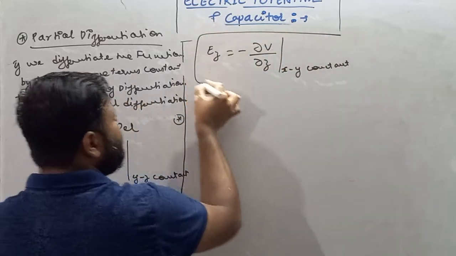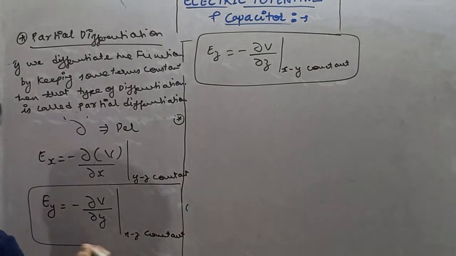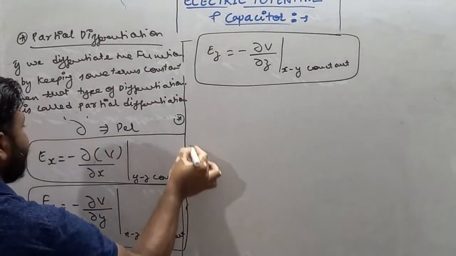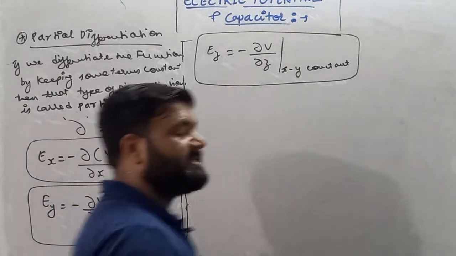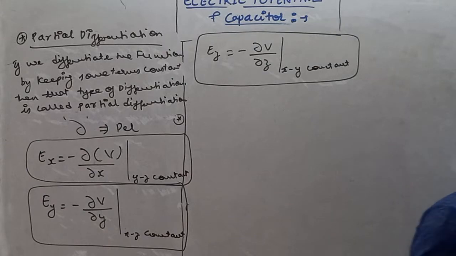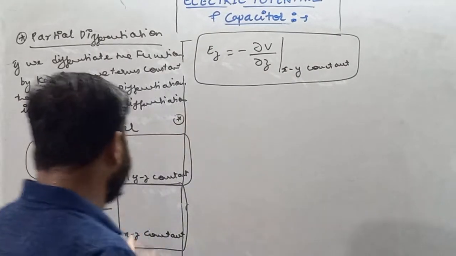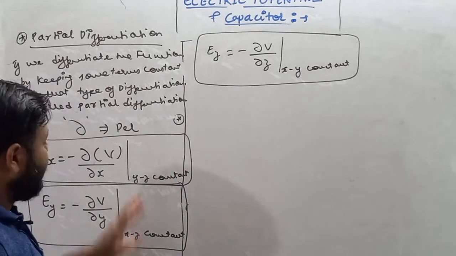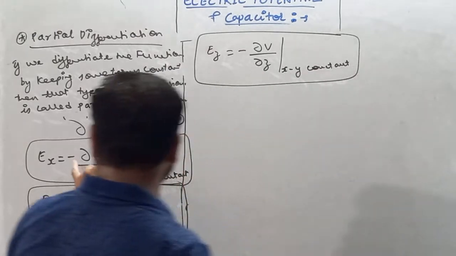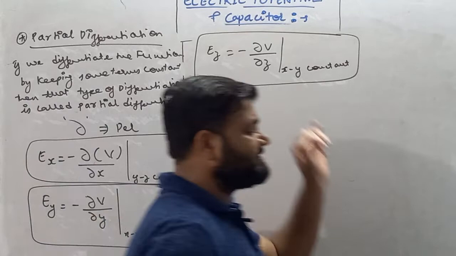So this is the value of the electric field along the z-axis, this is along the y-axis, and this is along the x-axis. This type of differentiation is called partial differentiation. Remember, partial differentiation means keeping the other terms constant and differentiating the function with respect to a single variable: minus del V by del x, minus del V by del y and minus del V by del z.